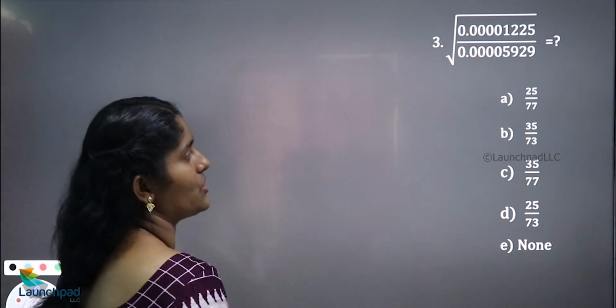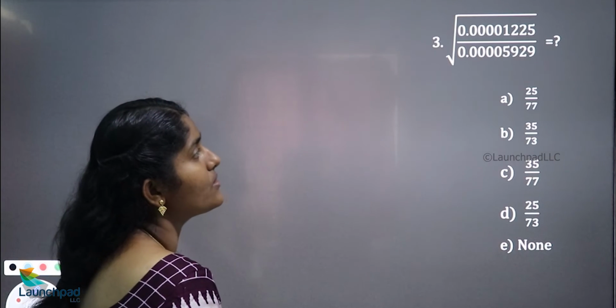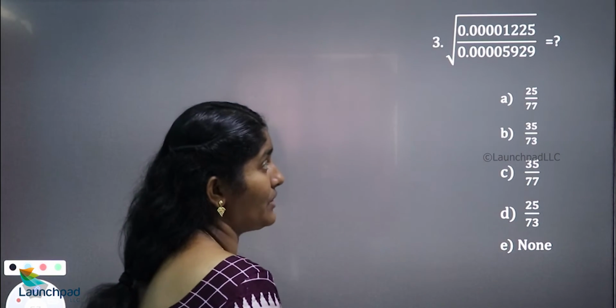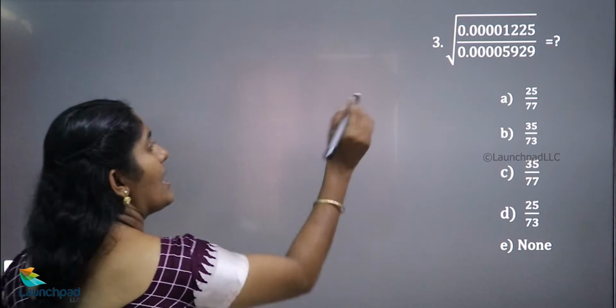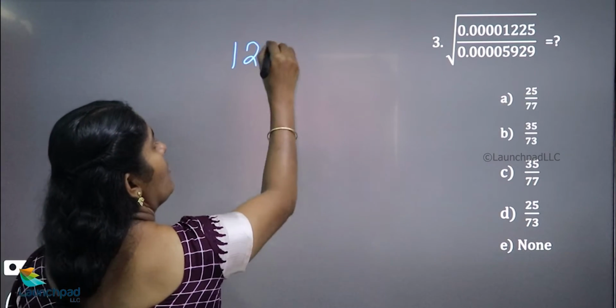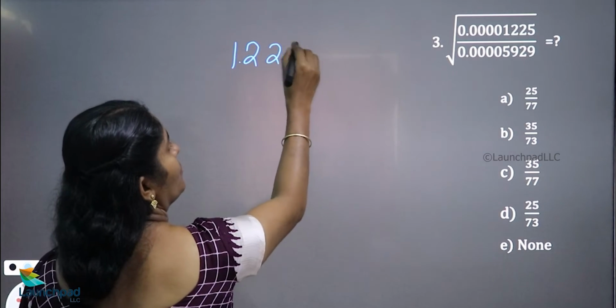And your next question is square root of 0.00012225 divided by 0.00005929. As usual, take the whole numbers: 12225.